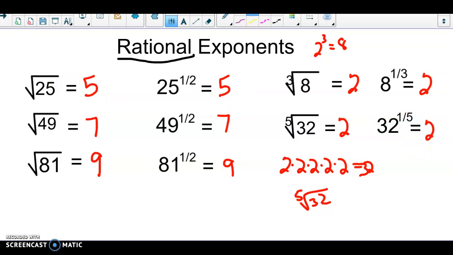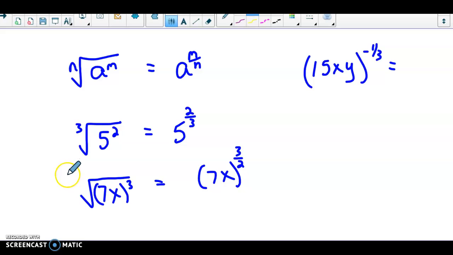Okay, this is a new form. It's called rational exponent form. If I have the nth root of a to the m, another way of writing that is a to the m over n. Okay, this becomes the numerator.